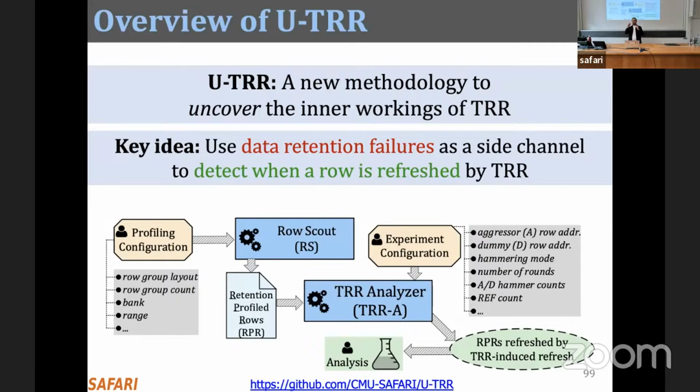Let's say you hammer a row, and as a result of this hammering, inside the DRAM chip the mechanism triggers a refresh, and then you refresh the victim row. So you can see if this row is refreshed or not by characterizing data retention failures. And this is a full-blown reverse engineering methodology that resulted in completely reverse engineering TRR mechanisms of different DRAM modules.